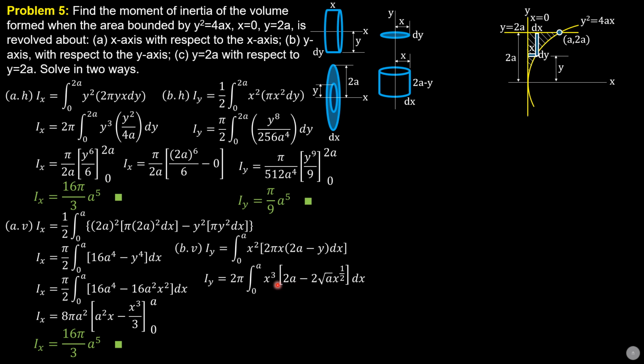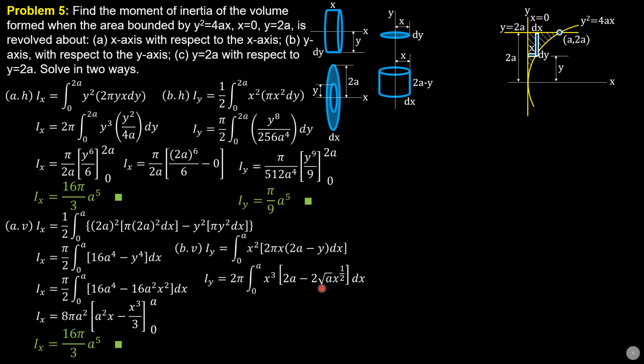Evaluate the integral of 2a x cubed dx. The integral is 2a x to the fourth over 4. So that would become a x to the fourth over 2. Then for the second integral, 2 times 2/3, the reciprocal of 3/2 is 2/3.